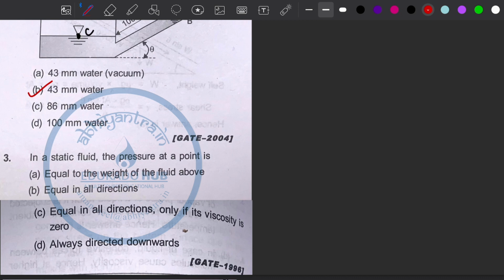This is because if the fluid is static, there will be no shear force, right? And this implies there will be no velocity gradient, du upon dy equal to 0.